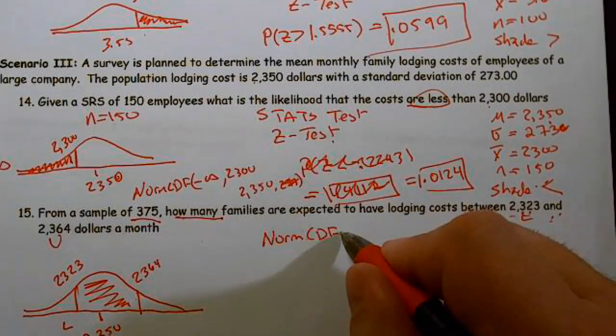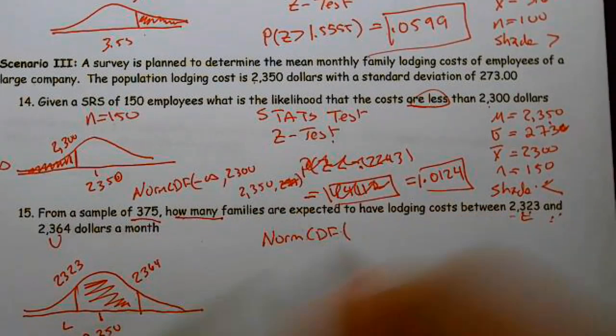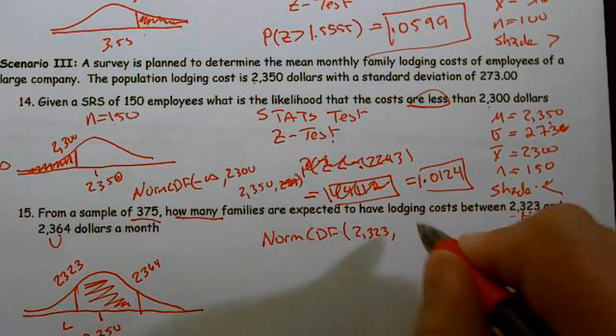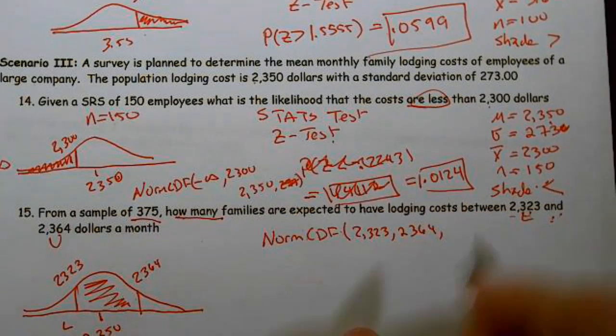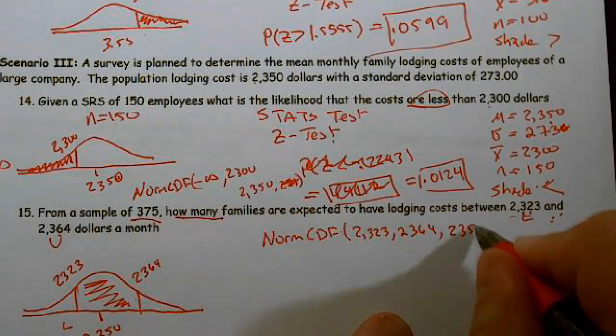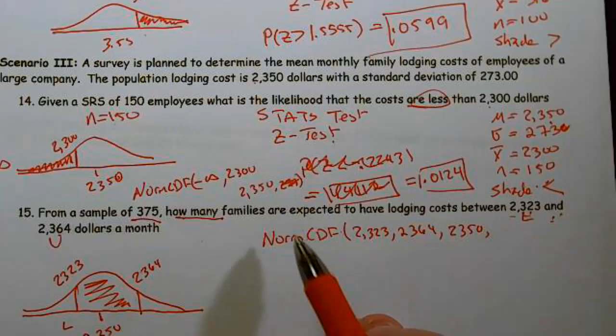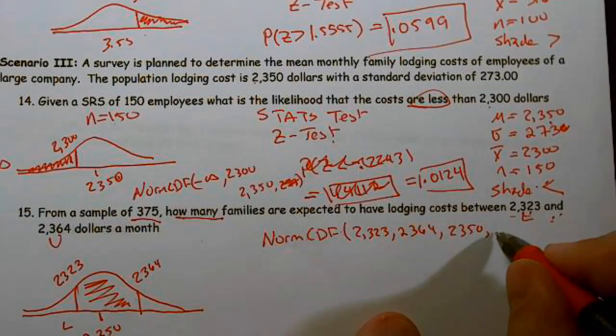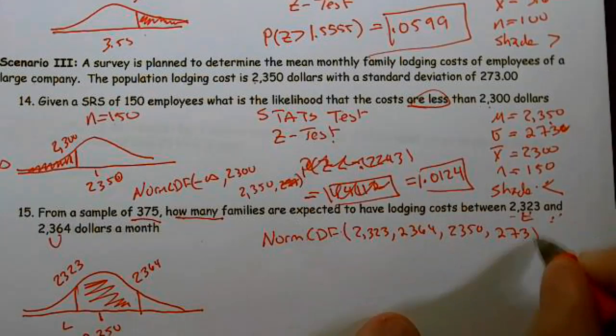All right, so norm CDF, lower bound 2,323, upper bound 2,364, mean 2,350, and standard deviation of the population is, in this case, 273, if I did it right, and I did this time.